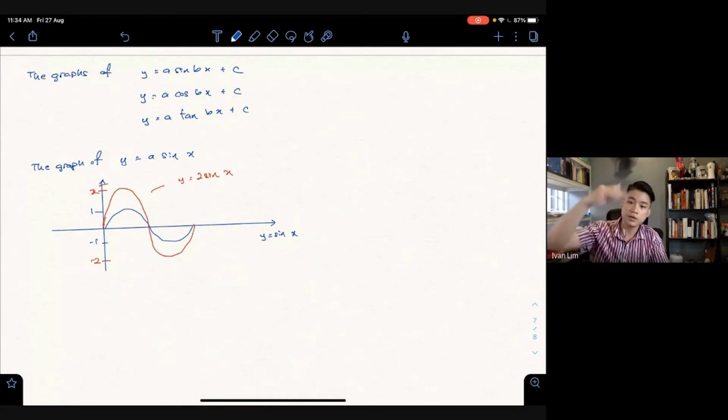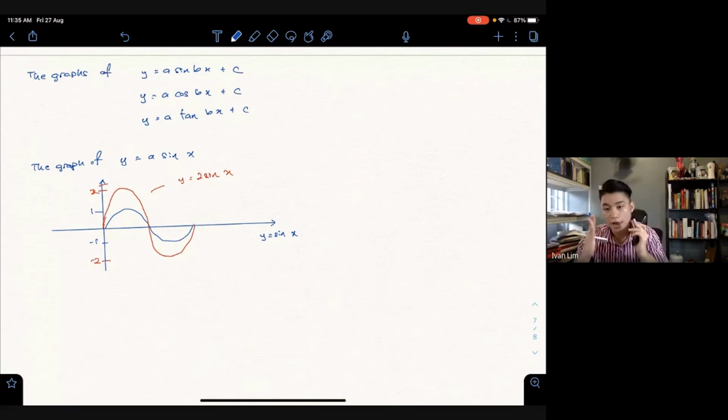Your 1 will be 3, right? So you always base it on your original graph. Your 1, now you times 3, and your negative 1 also times 3. Actually, if we were to count every single value, all the ones in the middle will also be times 3 in the y value.